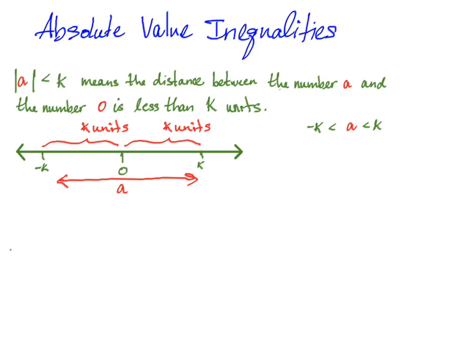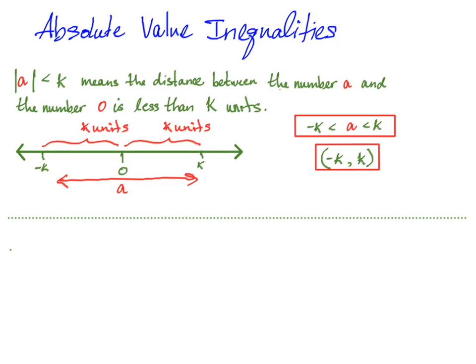In interval notation, we write it with round parentheses at the numbers -K and +K, because we're not including those two numbers. A is strictly in between them, any number in between them.